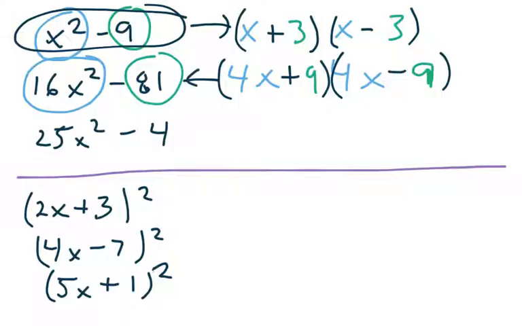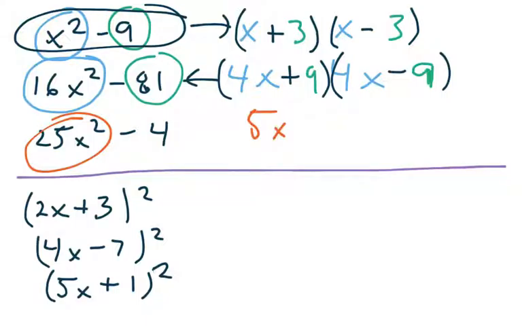So what I'd like you guys to do is, can you factor these two differences of perfect squares for me? Please pause the video and give it a shot. Okay, hopefully you paused the video, but let's see how we would approach this one. 25x squared is a perfect square, right? What is that?